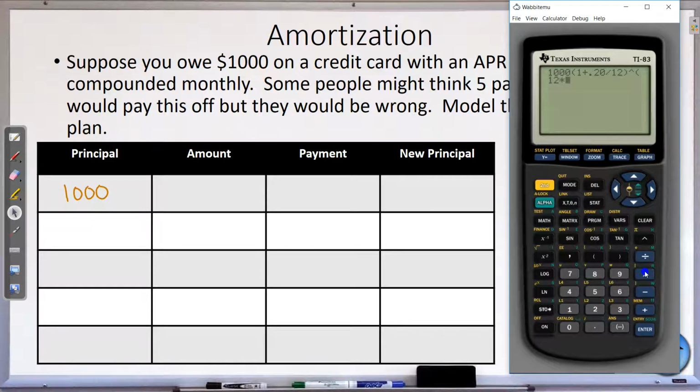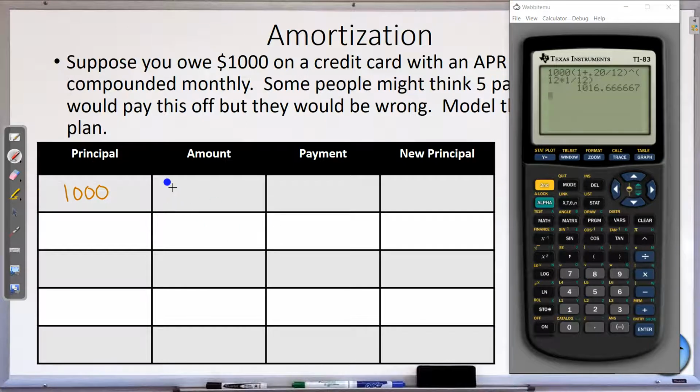Now this is the one thing that's a little bit tricky for some people. The time, only 1 month has passed, and so our time is actually only 1 month. So 1 month is 1/12. So we'll type in 1/12, close that off, and this will tell us what our actual bill is at first.